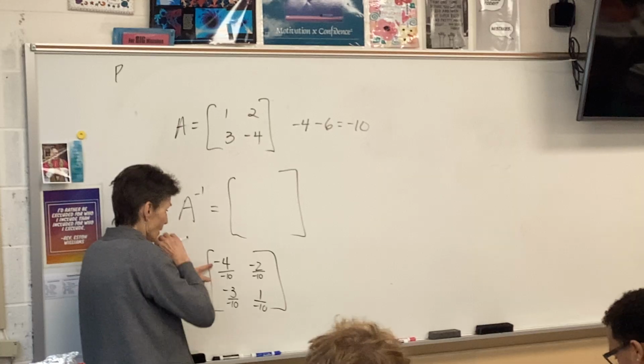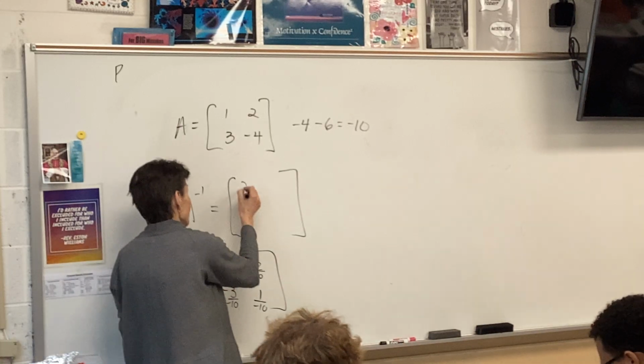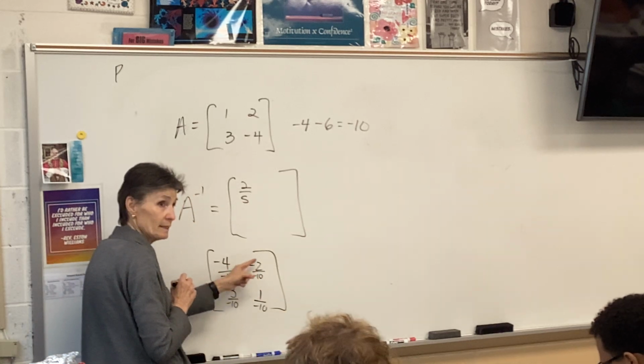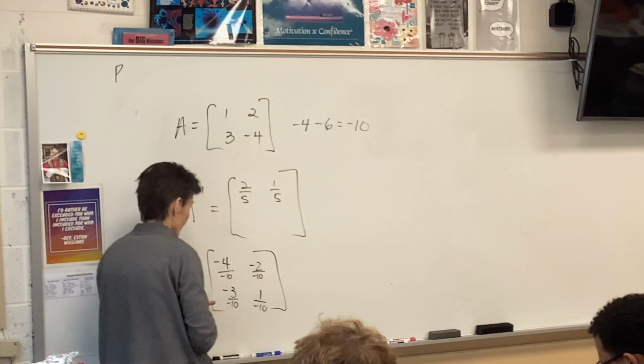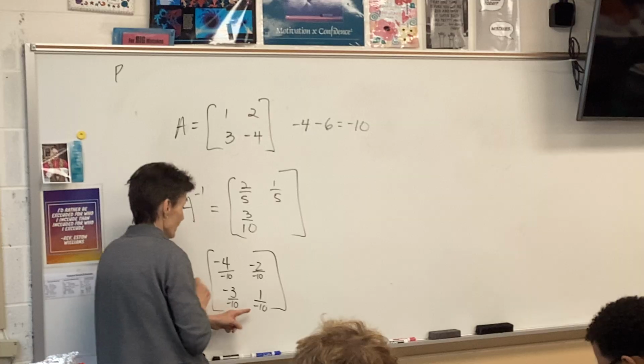So here, the negatives cancel, and the 2's cancel, so that's 2/5. This one is 3/10, and this is -1.